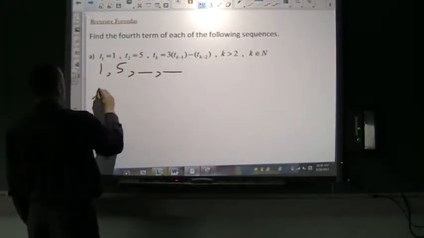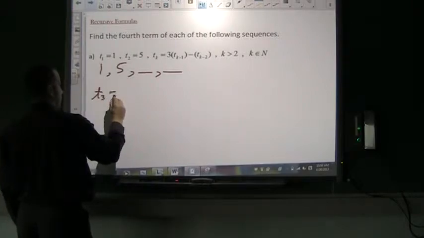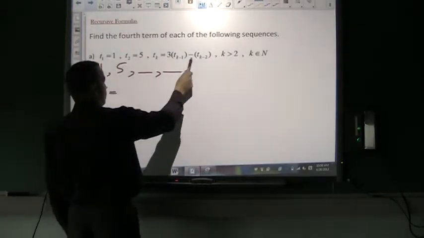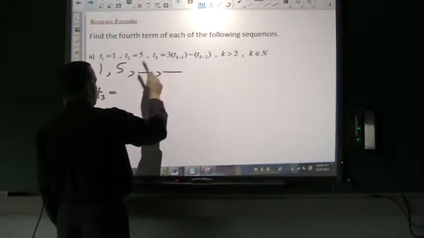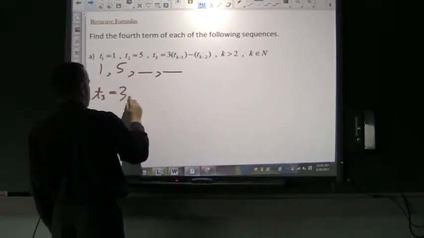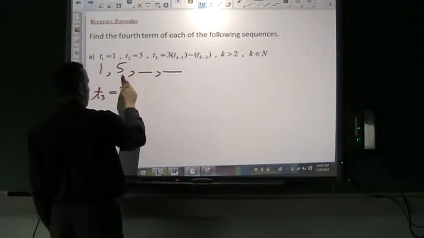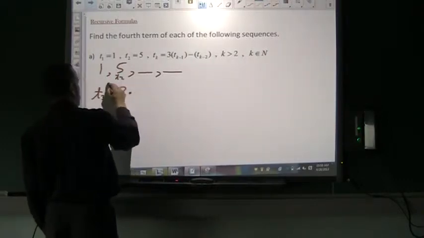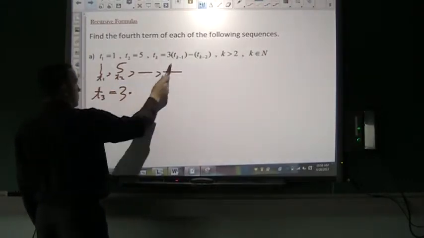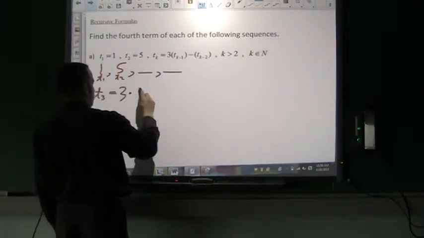So I need to find T3. To find that, I'm going to use my formula here. So it's going to be 3 times the previous term. My previous term is 5. There's my T2. Here's my T1.